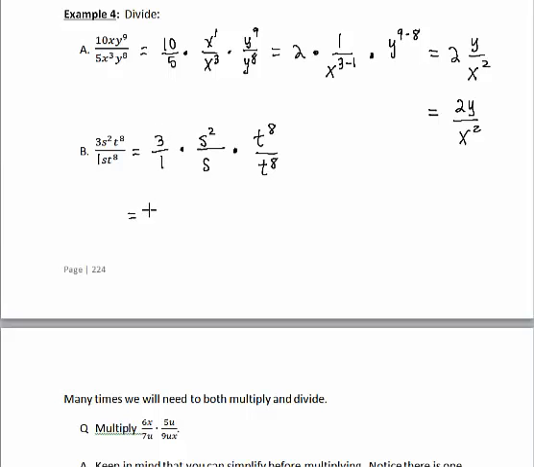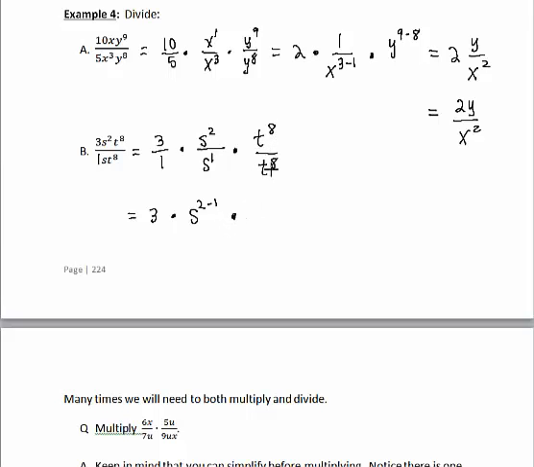And 3 divided by 1 is still simply just a 3. S squared divided by s is a single s. We could go ahead and write the subtraction of the exponents, but we would have the bigger one, 2, on the top, and subtract the 1 from the bottom.